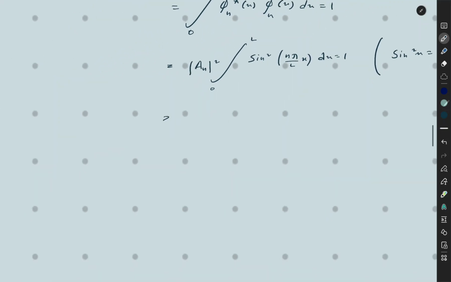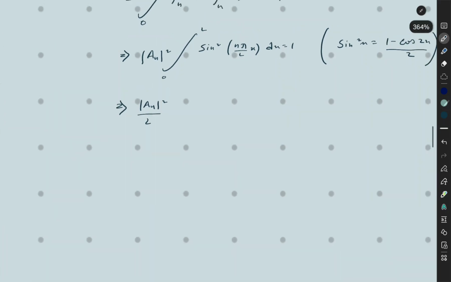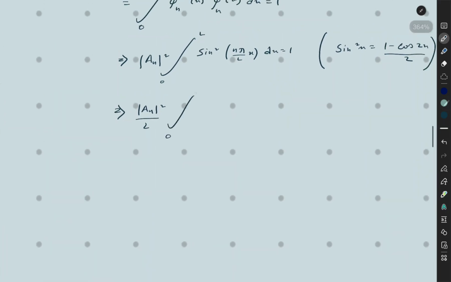By applying this simple trigonometric identity, we will get mod A n square by 2, integration of 0 to L of 1 minus cos(2n pi by L x) dx, equal to 1.